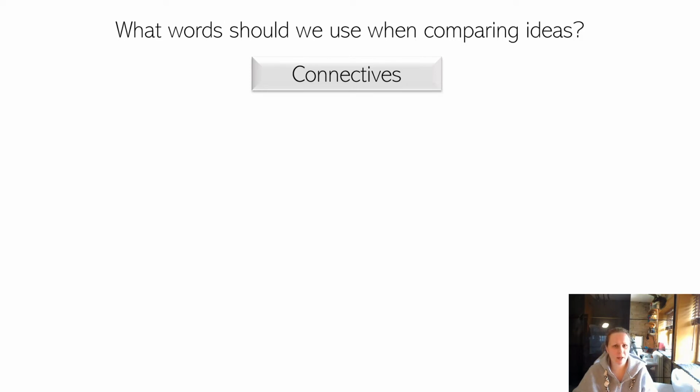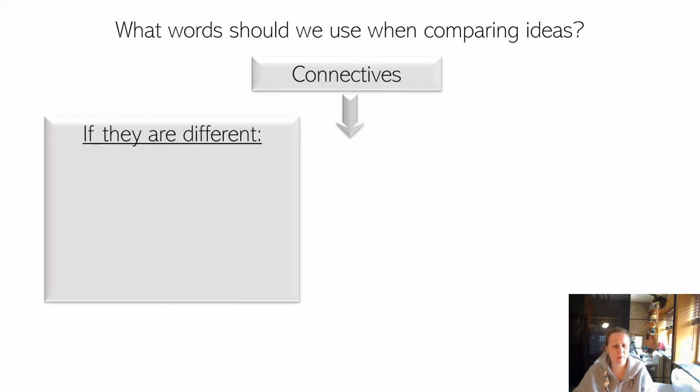Now we're going to be comparing the mothers. So we're going to find some things that are similar and some things that are different, okay? First of all, if we're going to look for things that are different about the mothers, I want you to think about what sort of connectives I might use if I'm going to compare two things that are different.